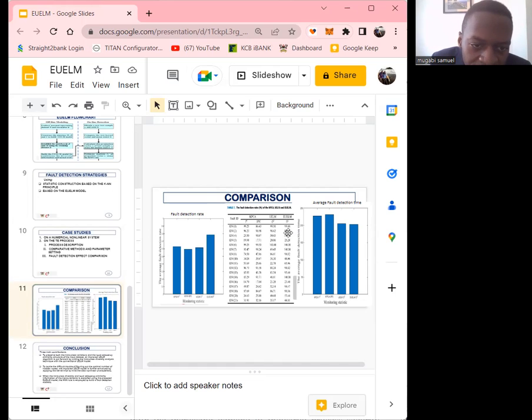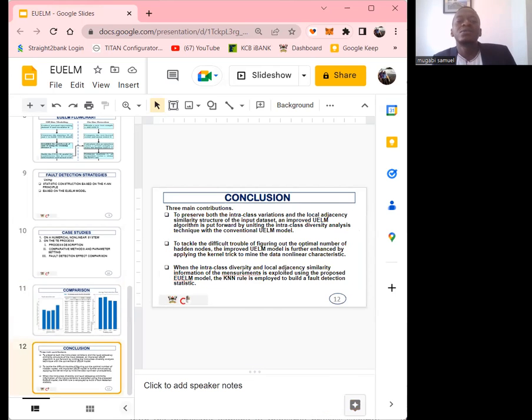The detection rate is 99.98. Here it is 99.90. The enhanced unsupervised extreme learning machine is higher than all the rest. Then the fault detection time: it detects the fault earlier than the other models. That's why this red bar for the enhanced unsupervised extreme learning machine is shorter, because it detects the fault earlier and flags it than the others.